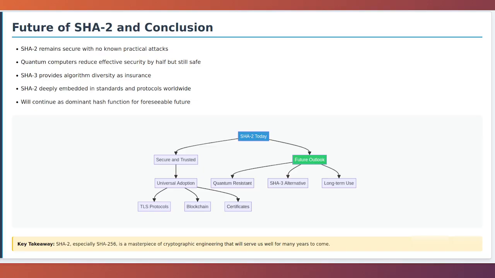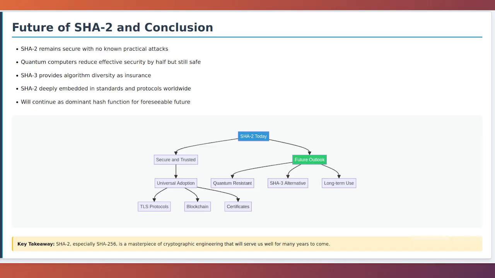It's deeply embedded in countless protocols, standards, and systems worldwide. The investment in hardware acceleration, including dedicated CPU instructions and specialized mining ASICs, ensures that SHA-2 will remain performant and economical. What about quantum computers? While quantum computers could theoretically reduce the effective security strength of hash functions using Grover's algorithm, the reduction is less severe than for asymmetric cryptography.